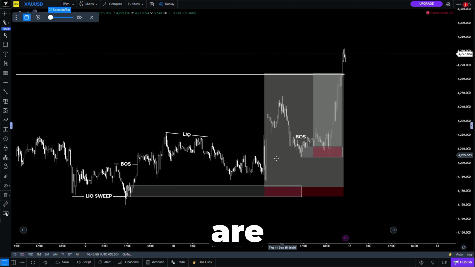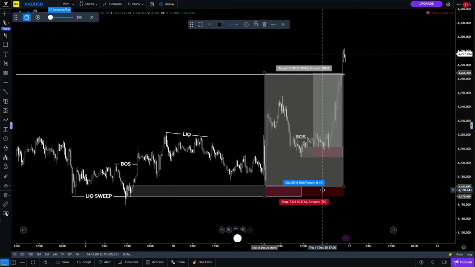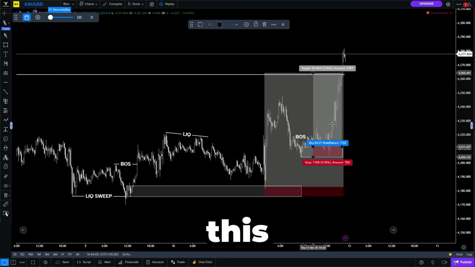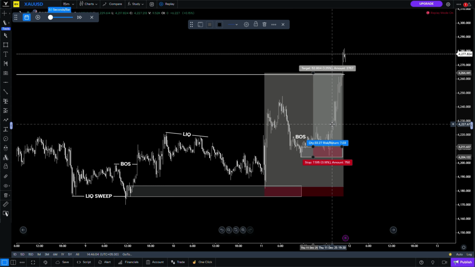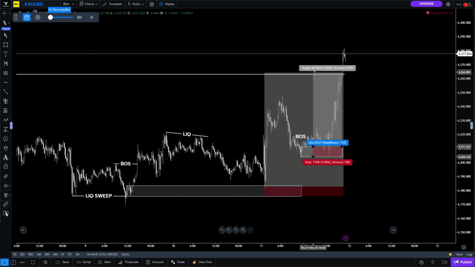This trade gave me 1 to 11.45, and this one gave me 7 to 7 RR. This is a big RR.